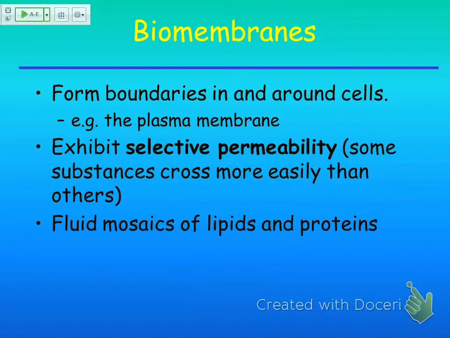And these biomembranes are made up of two of the big biomolecule groups that we covered, lipids, and in particular one kind of lipid. What kind was it? Phospholipids. And proteins.